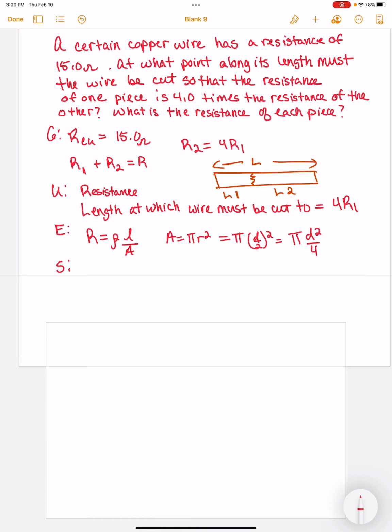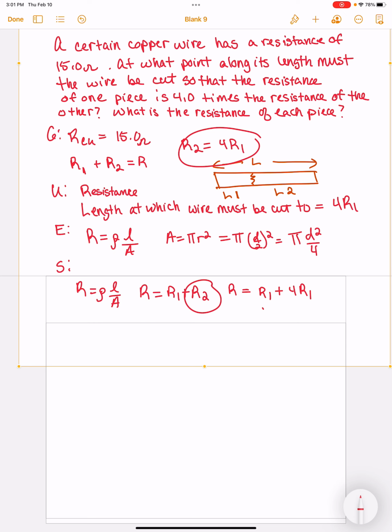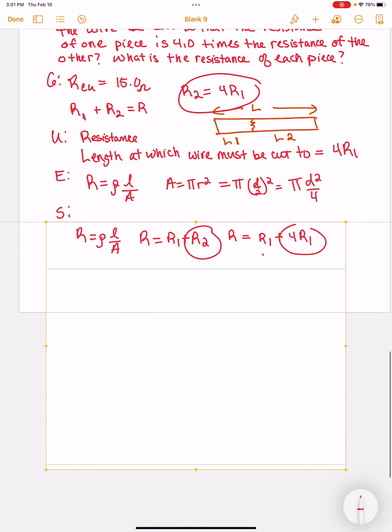So we know that resistance equals the resistivity times the length divided by the area, and we're told that R equals R1 plus R2, and we know that R equals R1 plus 4R1, because remember we said that R2 equals 4R1. So we just plug that in right there. We can rewrite this in terms of L.